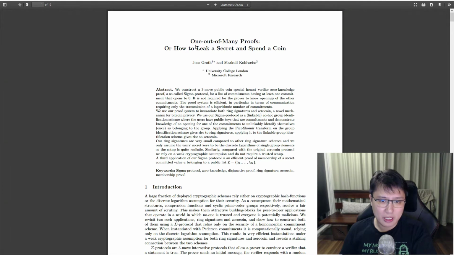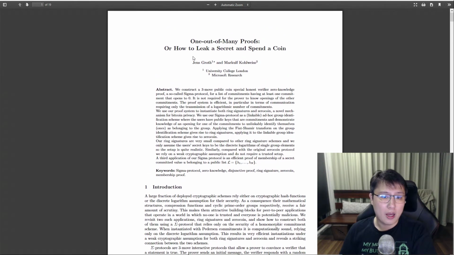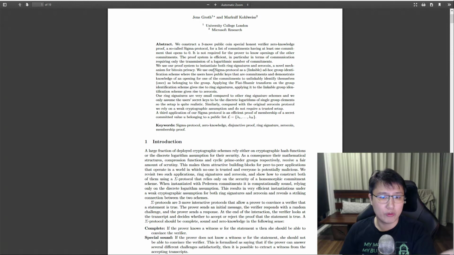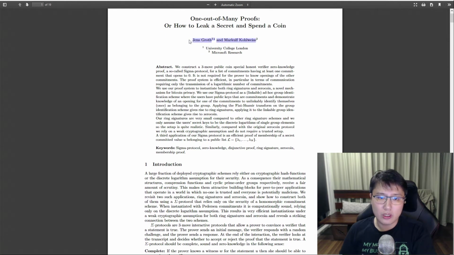And Sigma is based on a paper from something like 2014 and 2015. It's not a new paper, but no one else has implemented it yet. It removes the trusted setup problem, and is designed by really top cryptographers, Jens Groth and Markulf Kohlweiss.